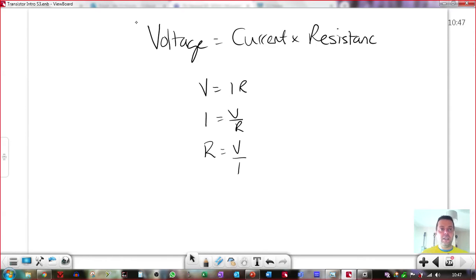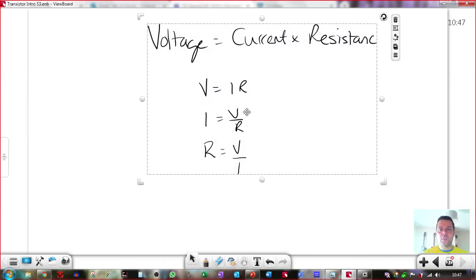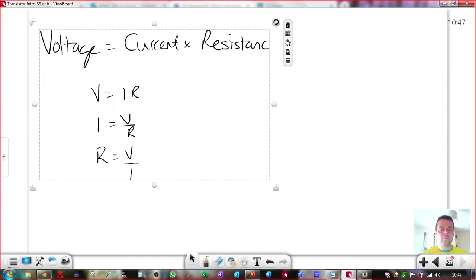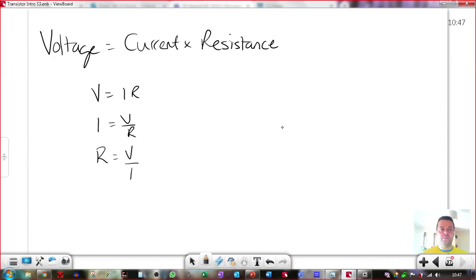And we would use them, I realise I've spelled resistance wrong, whenever we're looking at a resistance, whenever we're looking at a particular part of a circuit. So if you're given a circuit with a power supply and you know that there's a bunch of elements in there, there's just the series element.